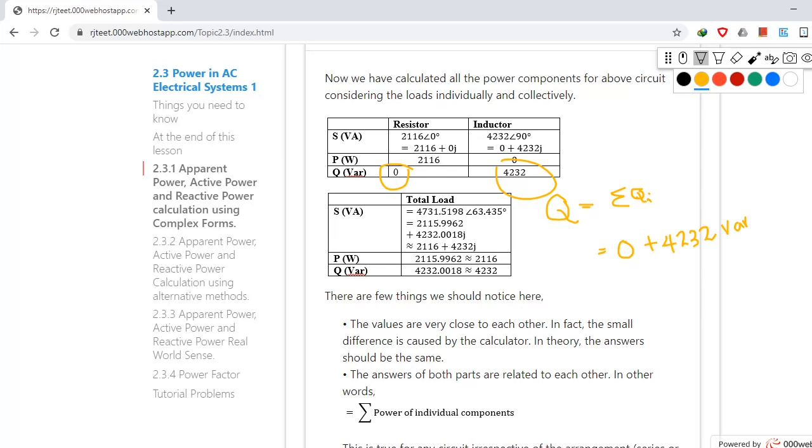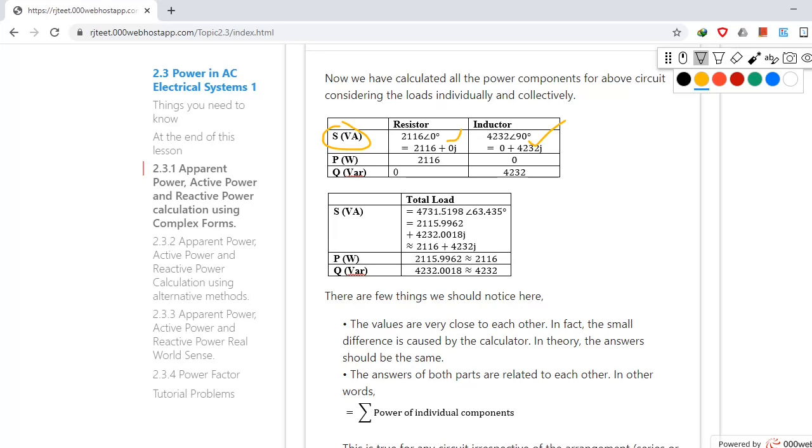Right. So likewise, the idea is that like in DC, here as well, power is going to simply add up. You really don't have to care for the complex form unless you are going to find the apparent power. So for apparent power, you of course have to consider the complex form.